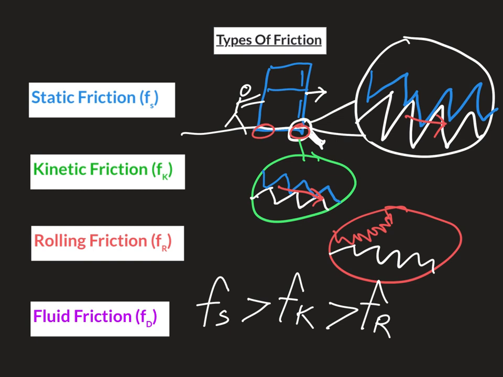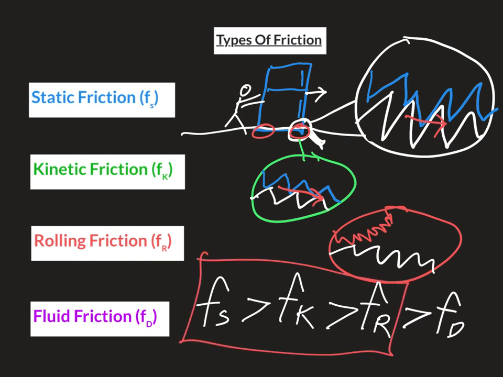Therefore, it's often considered to be less than rolling friction. However, because of the way you calculate fluid friction, we'll find out that might not always be true. Okay, so that's why we're primarily looking at just these three, because that statement is very true. It's only sometimes true that the fluid friction or the drag friction is less than rolling friction.